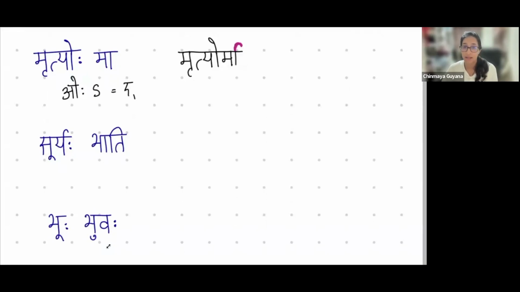Suryaha bhati. You have aha, because there's no vowel symbol, it means there's an aha, meeting a bh. Bh is soft or hard? B, ph, b, bh. Bh comes in line 4, it is soft. Aha plus soft, according to the table, it becomes O. Correct?